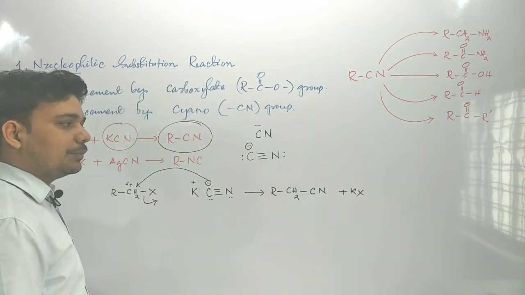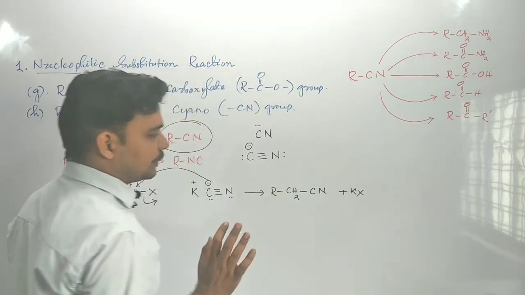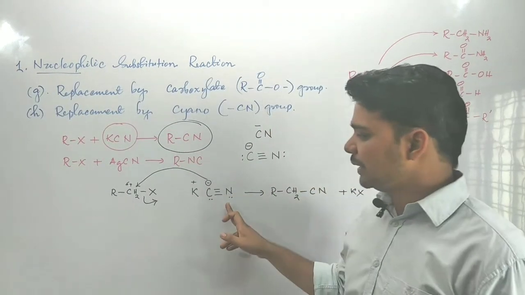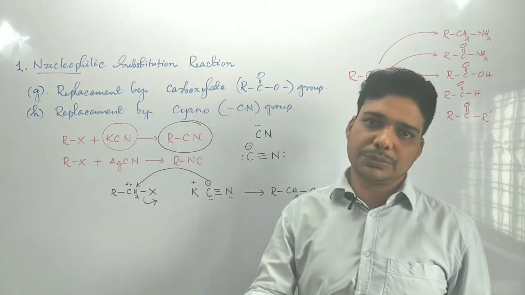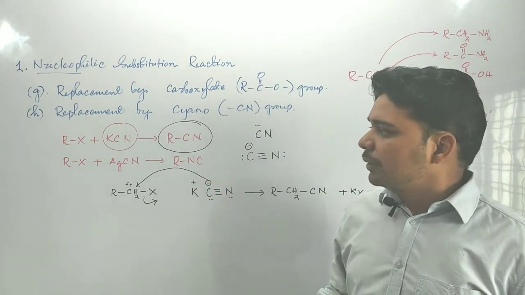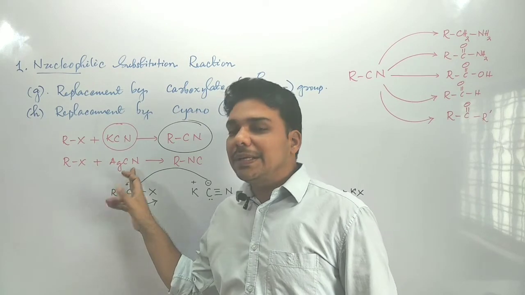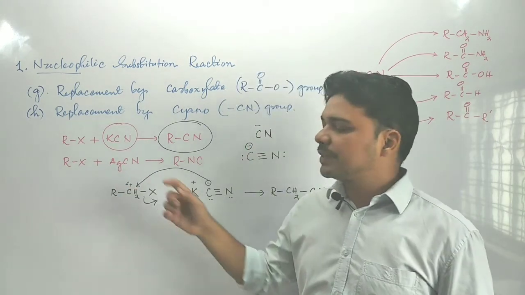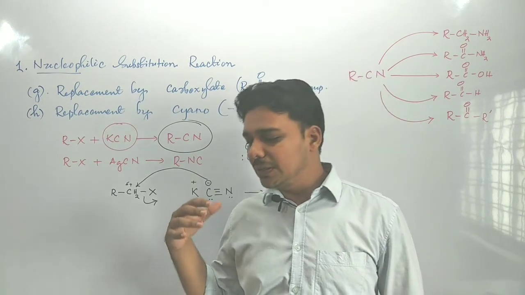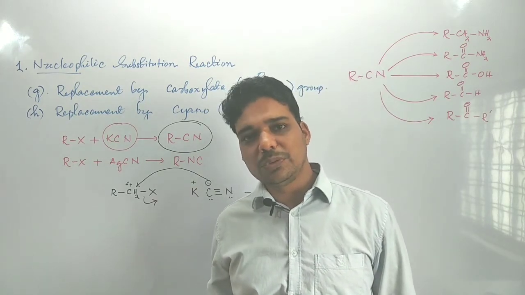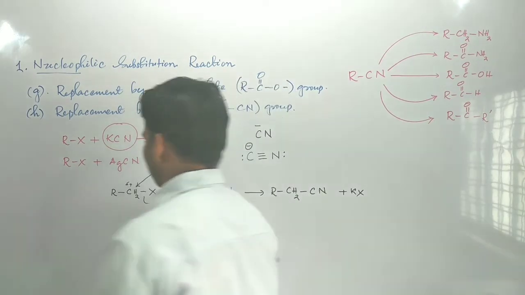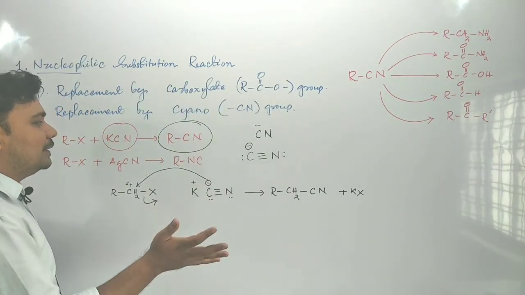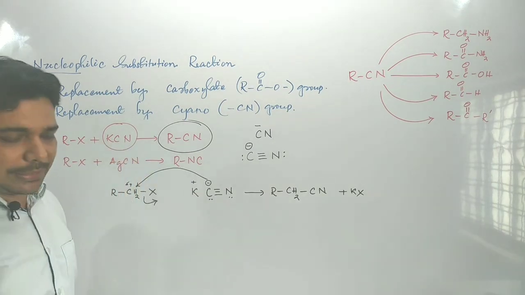Okay, so in this way we are getting cyanide or nitrile as the major product when NaCN or KCN is used. Okay. However, when AgCN, silver cyanide, is used, silver cyanide is predominantly covalent. It cannot furnish CN minus sufficiently or easily like your KCN or NaCN.